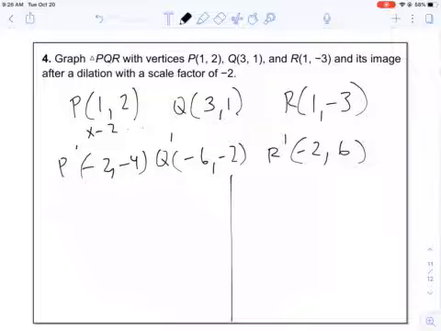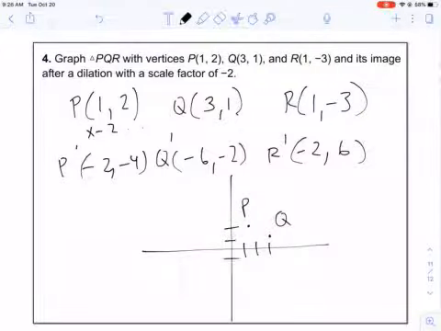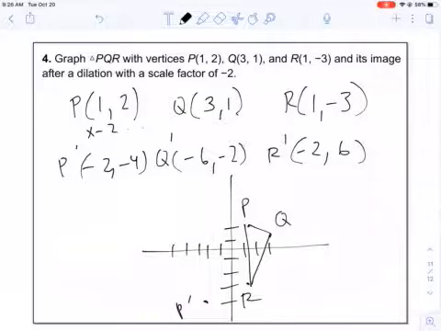Now let's plot this. (1, 2) is P, (3, 1) is Q, and (1, -3) is R. P, Q, R. Now P prime is at (-2, -4), (-6, -2) is Q prime, and (-2, 6) is R prime.